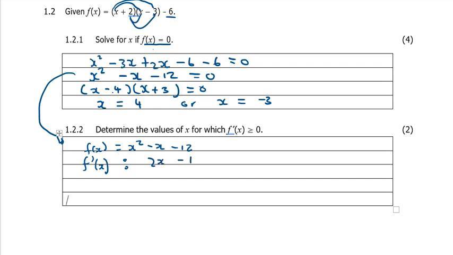And we're told that this must be bigger or equal to 0. Now it's easier to simplify. We could take the negative 1 to the right, divide both sides by 2. So x will be bigger or equal to a half. That is our solution. Thank you.